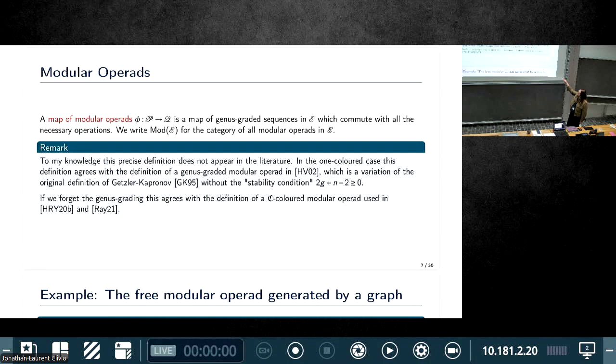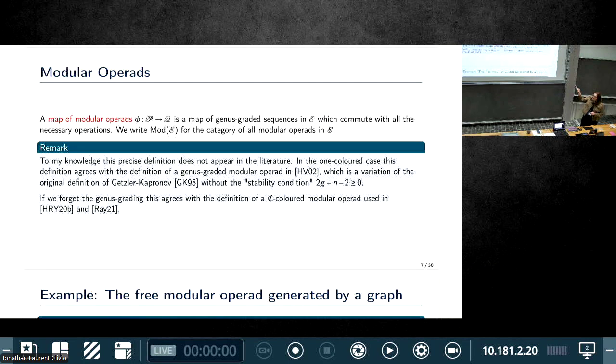Then you see C-colored modular operads, so colored modular operads that were in a paper I wrote with Phil Hackney and Yau, where we introduced a Segal model for infinity modular operads, or in a very nice paper by Sophie Raynor, or I guess I should also say in a paper of Joyal with André Joyal.